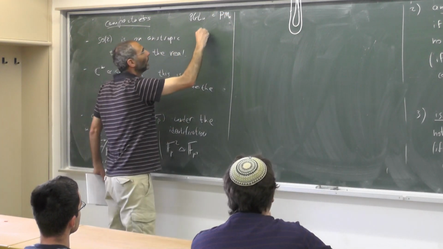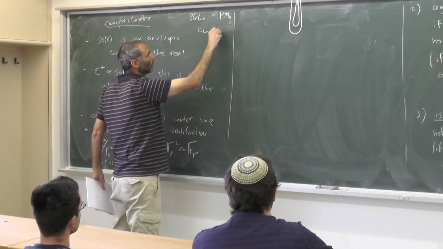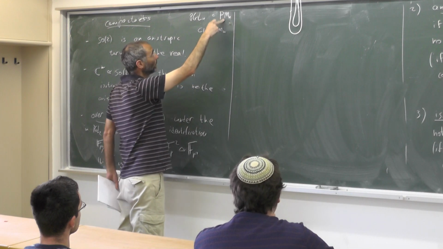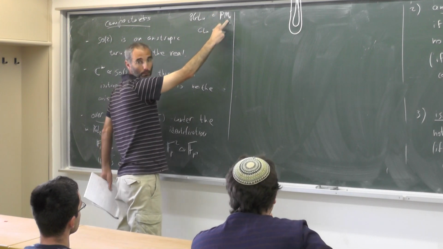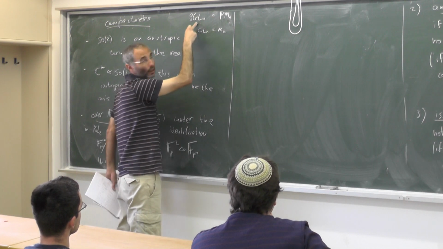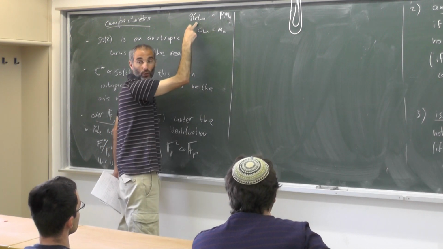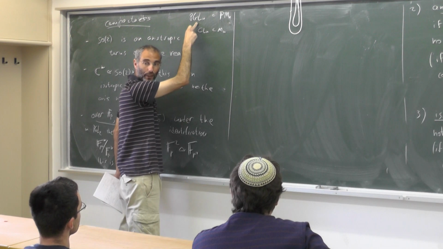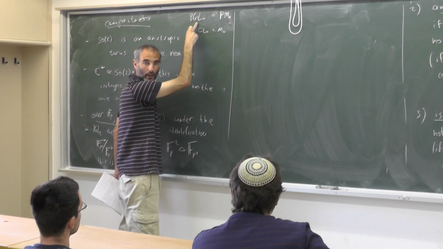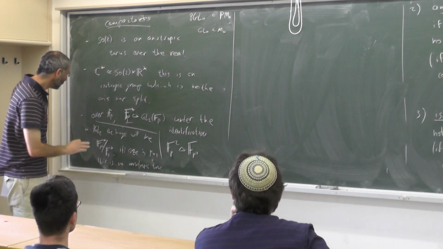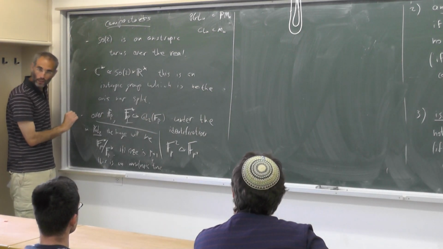If you have GLN, this is an open subset of Mn, I can projectivize this vector space to have this projective space. This is open here, it is not closed. Of course, every affine space could be put as an open subset of a projective variety, but never, unless finite, as a closed subspace. So PGL2 always is affine.